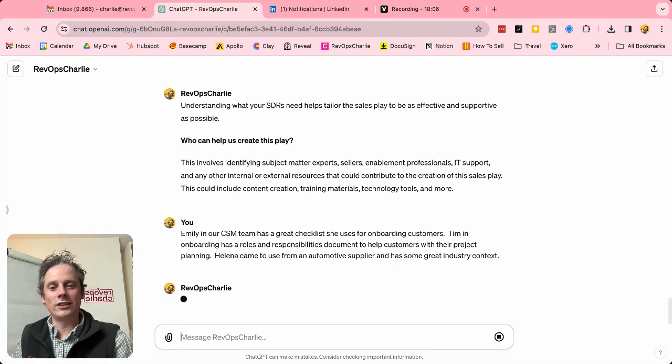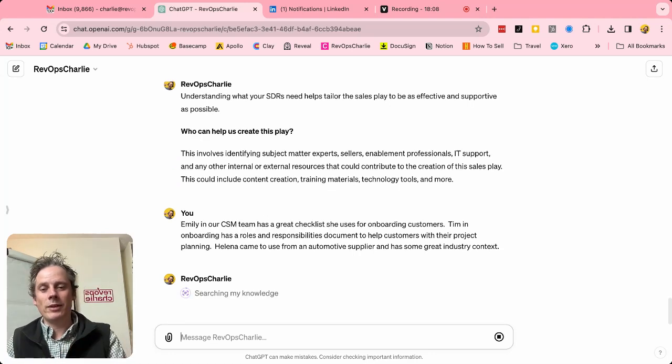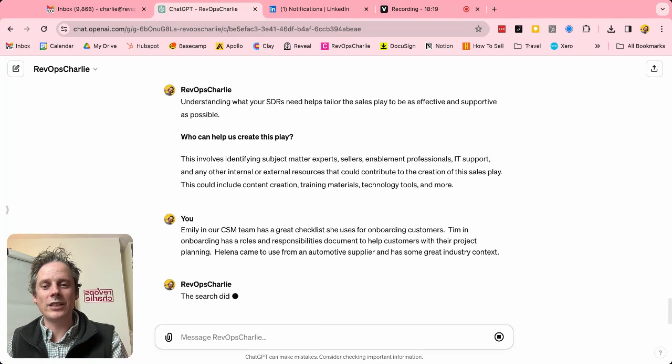Of course, I'm making all those names up, but you might be able to have a specific org chart or some kind of information there. And I think the GPT is now trying to find information about those people.